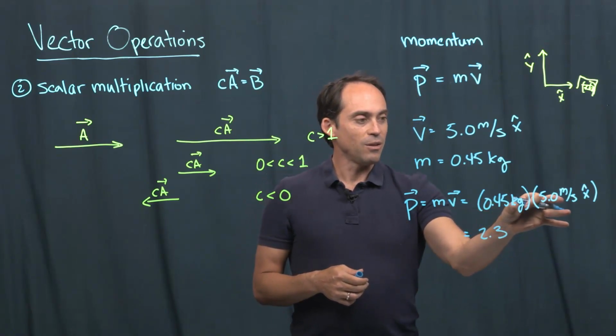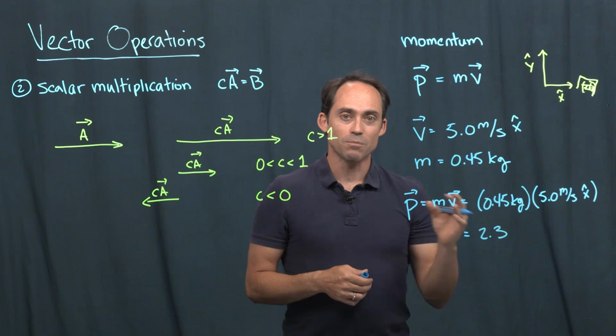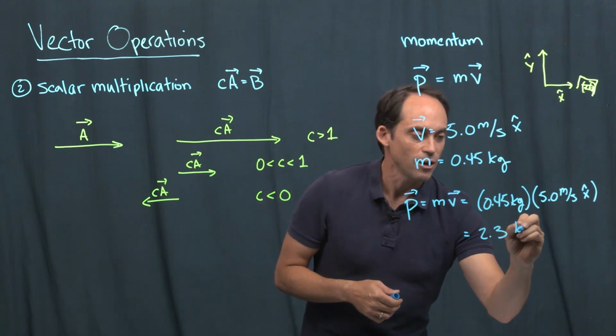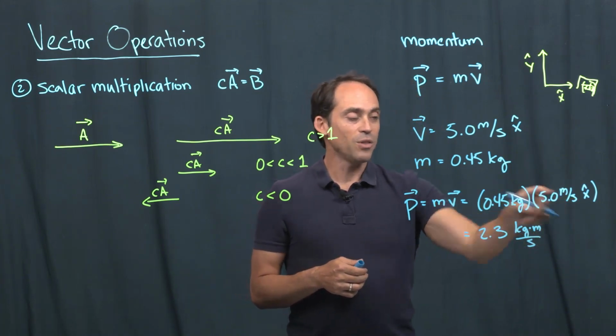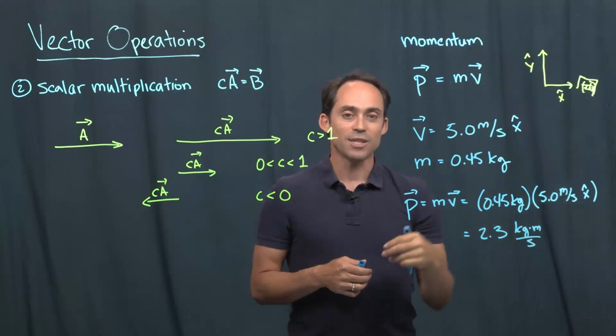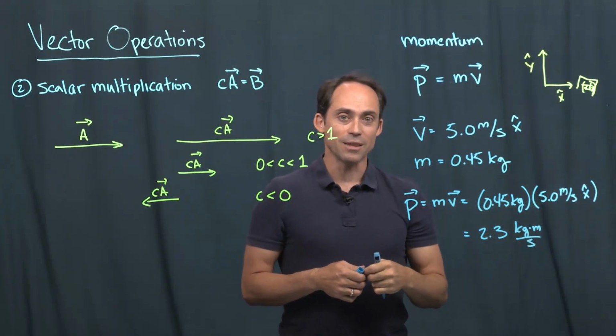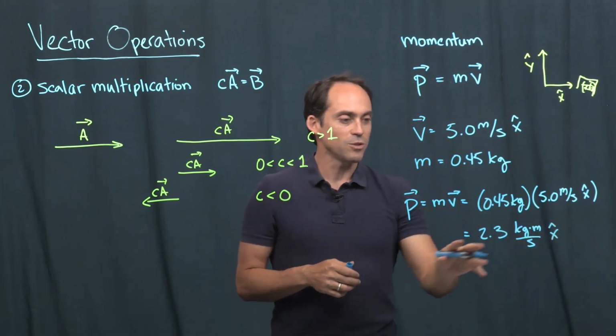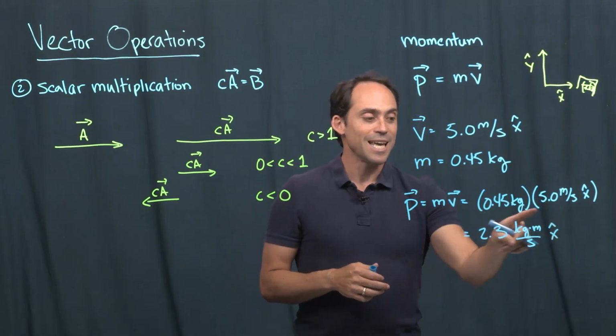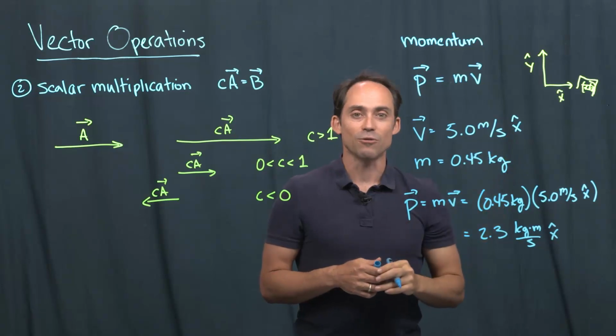We then combine the units, kilograms, meters, and seconds. So that's all going to combine into one composite unit, kilograms meters per second. And now we're left with a direction, but that just carries through because it's not being multiplied by anything. So we end up with a momentum, which is 2.3 kilograms meters per second, in the same direction as our velocity.